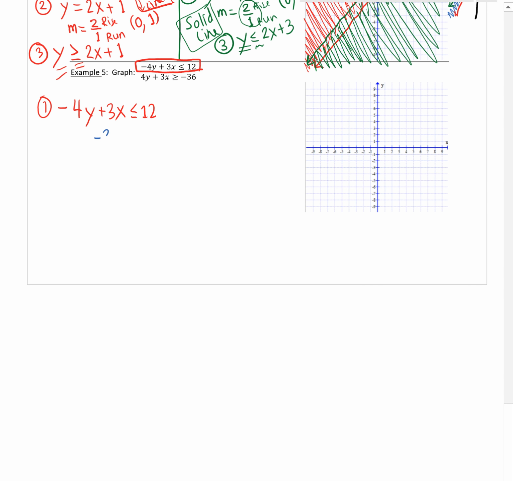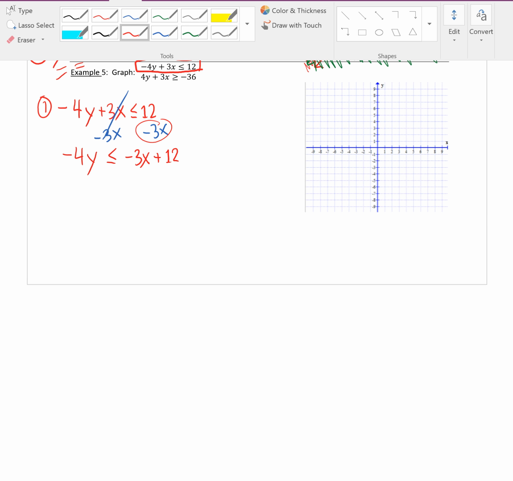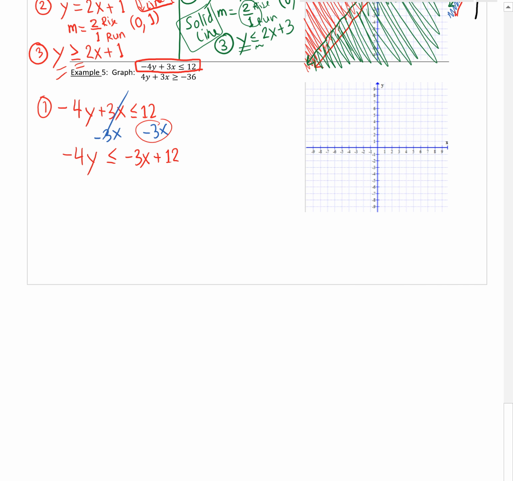If I want to isolate y, I'm first going to move this 3x over by subtracting it. Then I'll have negative 4y, and I didn't divide or multiply by a negative number. I know it looks like I did something with a negative, but I didn't divide or multiply, so I'm not flipping the inequality. And I'm going to write the 3x first and then the 12, because we want this to look more like mx plus b.